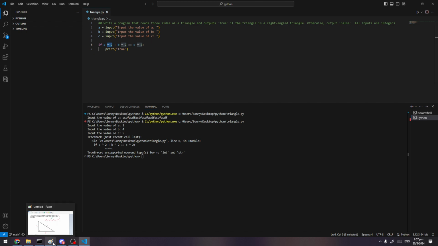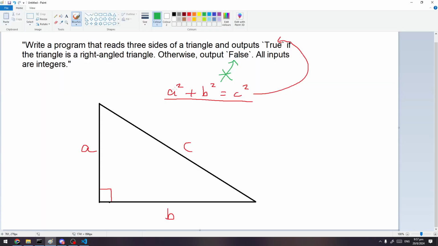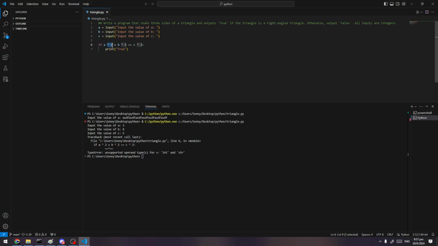As a human we would see a square like this, but we should write a times a. Everyone knows that a square equals a times a. So we can do a times a, b times b, and c times c. Let's try again.